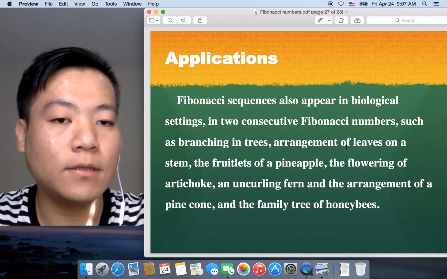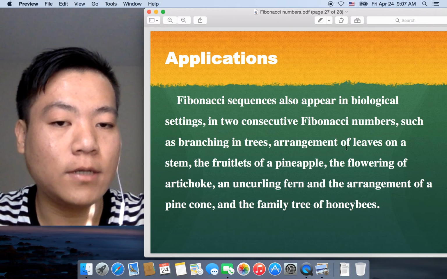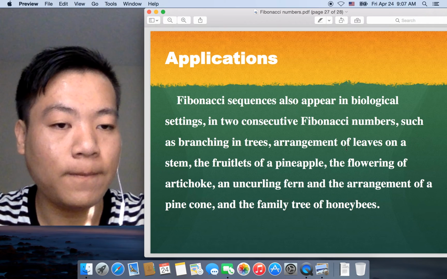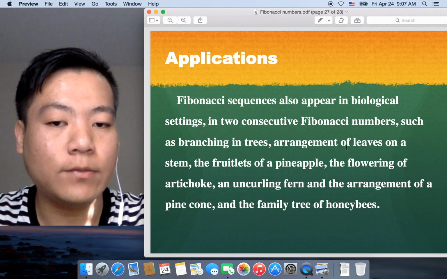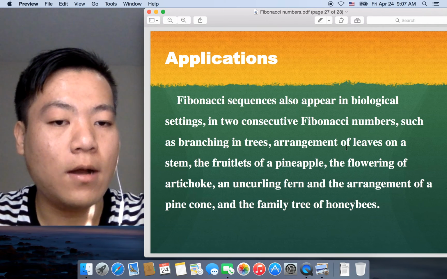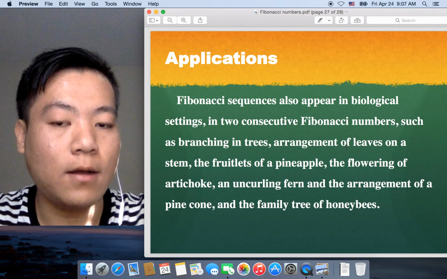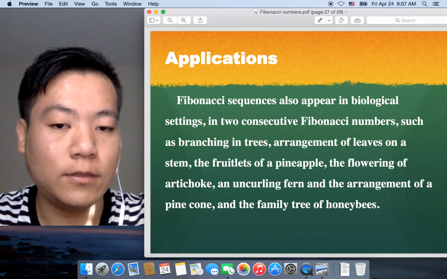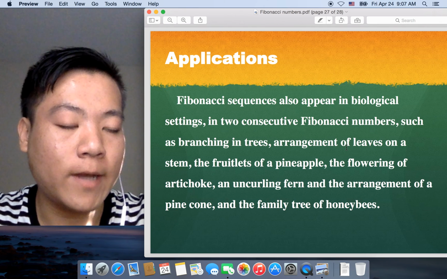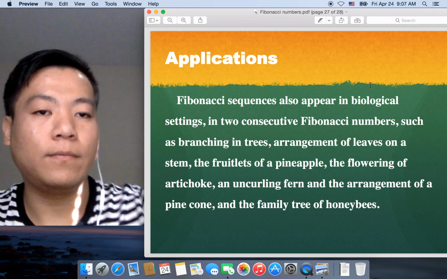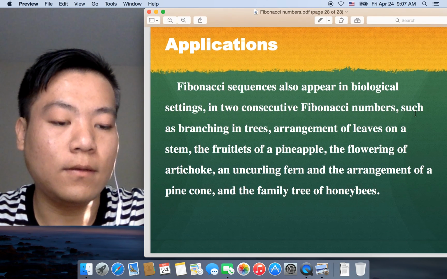Fibonacci sequences also appear in biological settings, in two consecutive Fibonacci numbers, such as branches in trees, arrangement of leaves on a stem, and fruitlets of a pineapple, and so on.